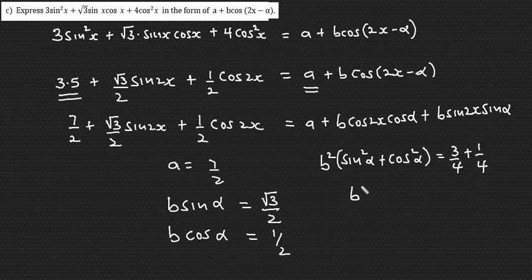So b squared is going to be equal to 4 over 4, which is 1. So b is equal to the square root of 1, which is plus or minus 1, and we shall take b to be 1.